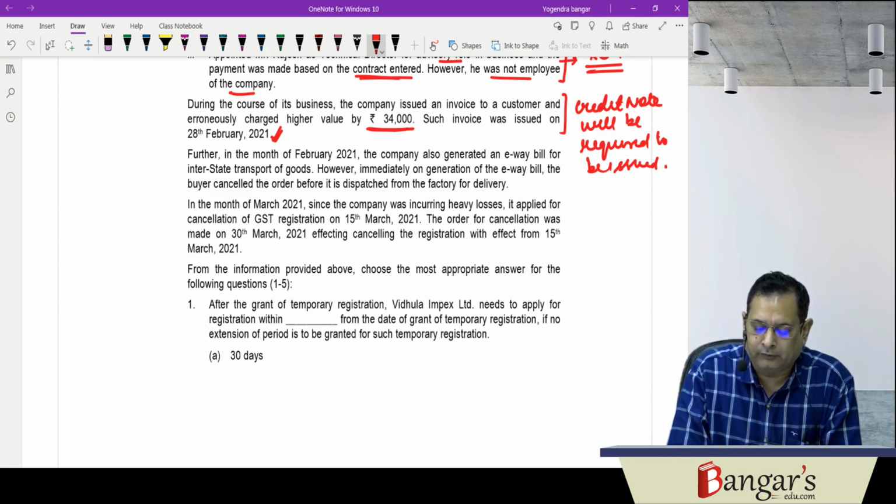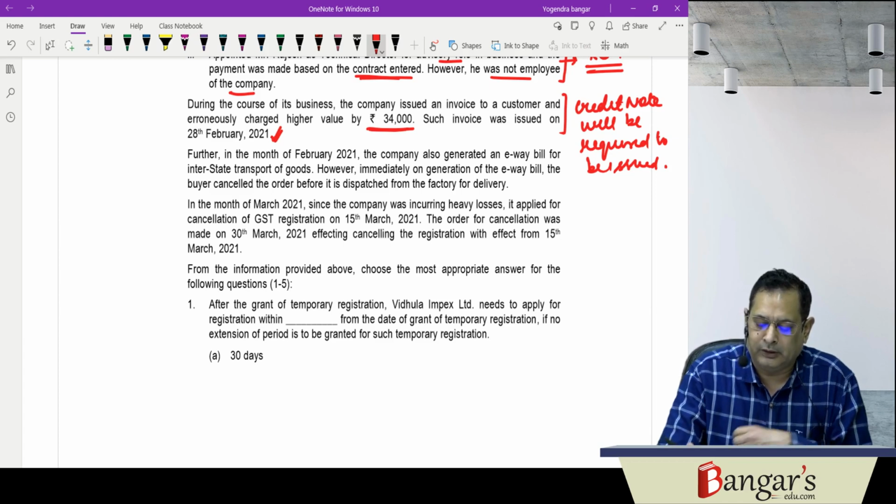Now they are asking, from the following information provided, choose the most appropriate answer to the questions. After the grant of temporary registration, Vidhula Impacts Limited needs to apply for registration. Within how many days?